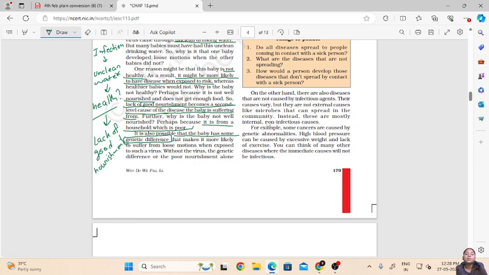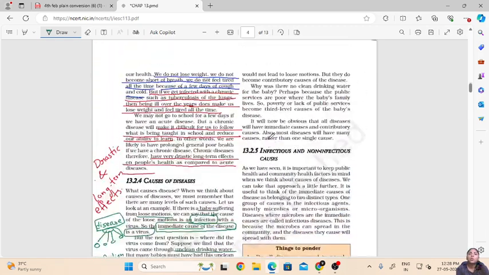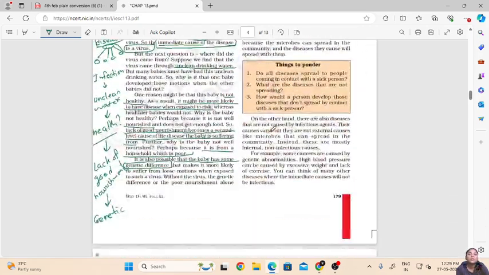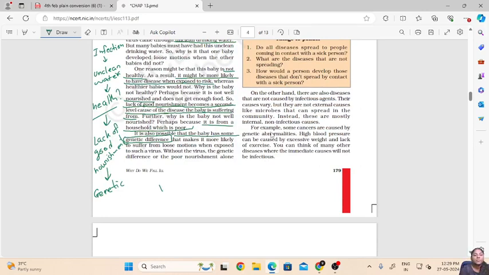Okay, some genetic difference or defect that makes it more likely to suffer from loose motion. So another cause could be some genetic defect or difference. Now, but without the virus, the genetic difference or the poor nourishment alone could not have affected or caused the infection in the baby. So the virus is the immediate cause.